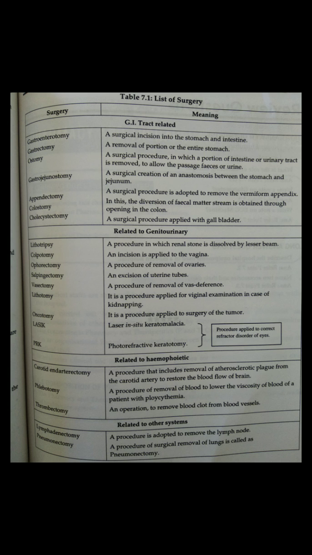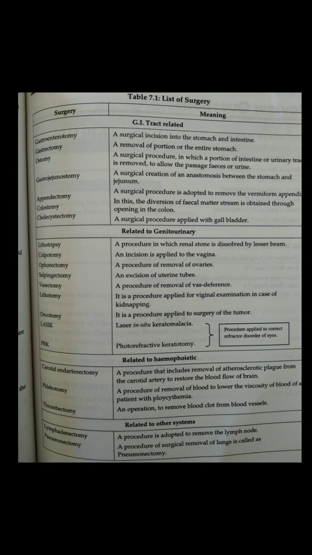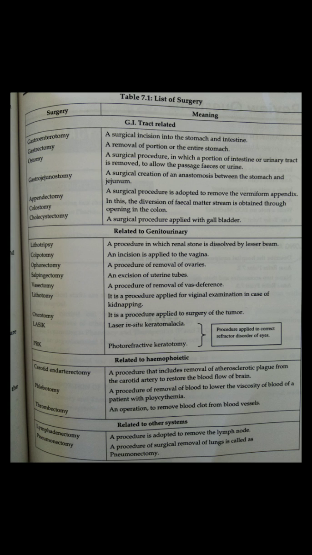Next surgery is salpingectomy, meaning is an incision of uterine tubes. Then next is vasectomy, meaning is a procedure of removal of the vas deferens. Then lithotomy, meaning is a procedure applied for vaginal examination.